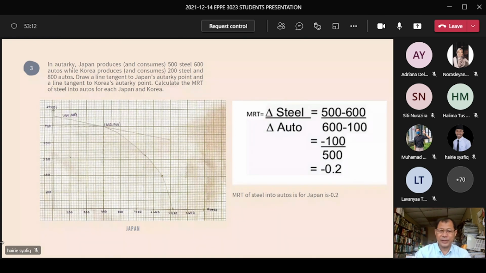MRT in general, forget about steel or auto in general, will be the change in y divided by the change in x. Follow that one: MRT will be the change in y, how high you jump, divided by the change in x, how far you run. So you got the answer, the number, in this case, negative 0.2. You have to add negative 0.2 y.